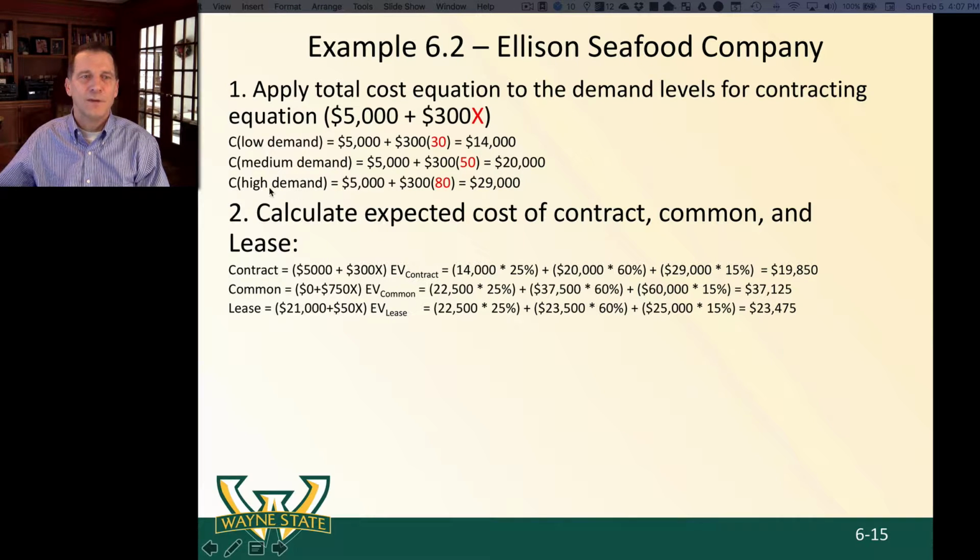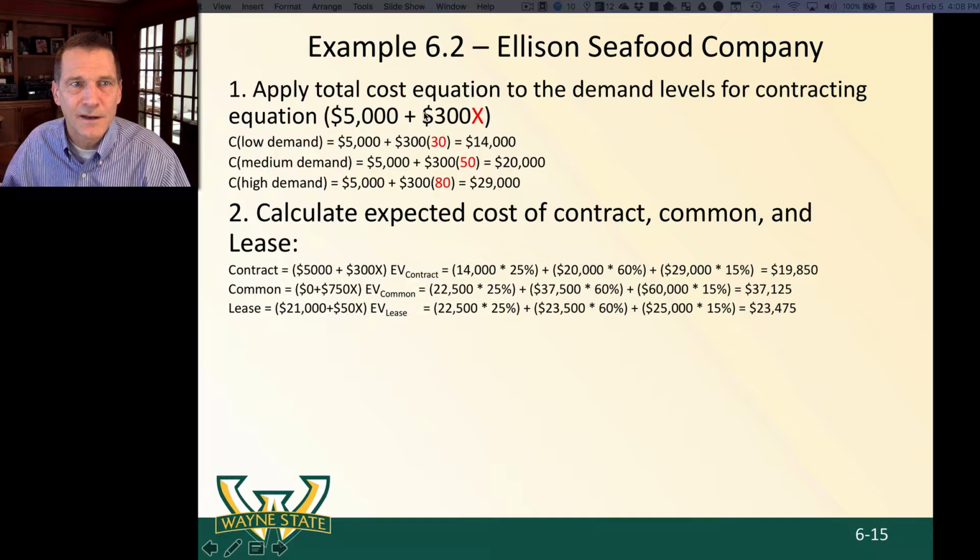And at high demand, we have 5,000 fixed costs plus 300 times 80 shipments, which is $29,000. We can calculate the expected cost of the contract and the common and the lease using that methodology, and we would add those up based on these percentages.